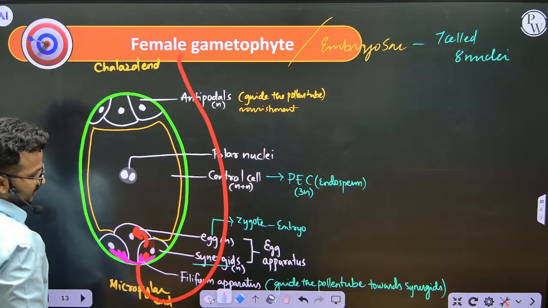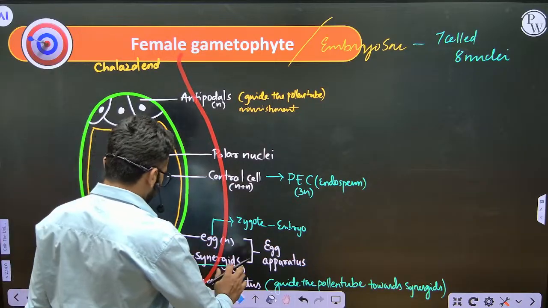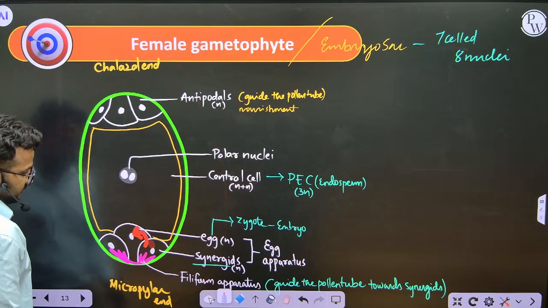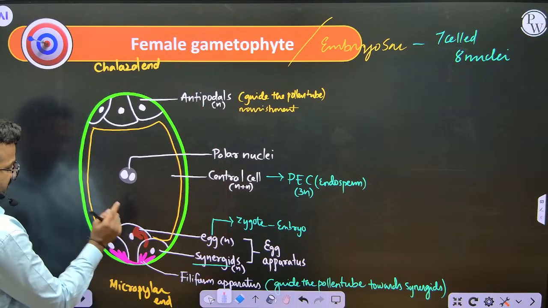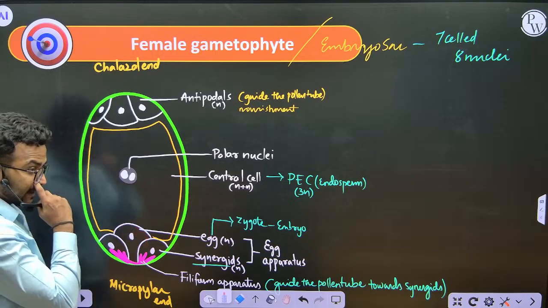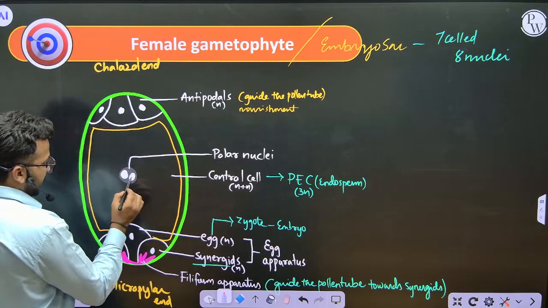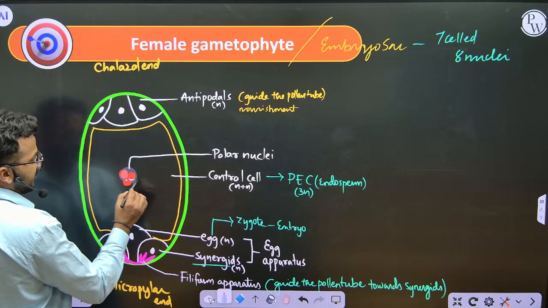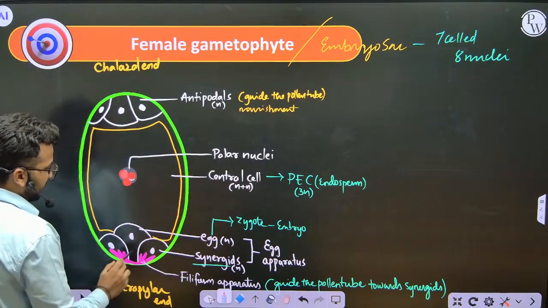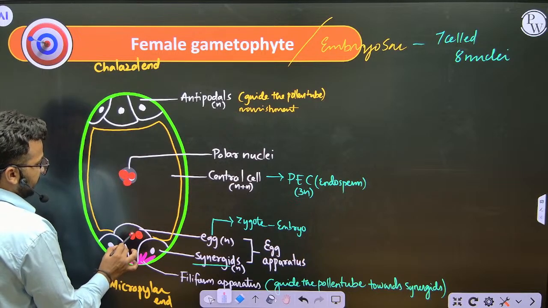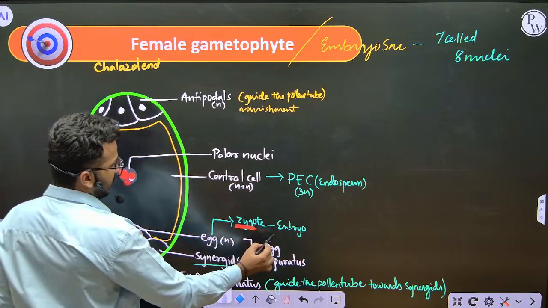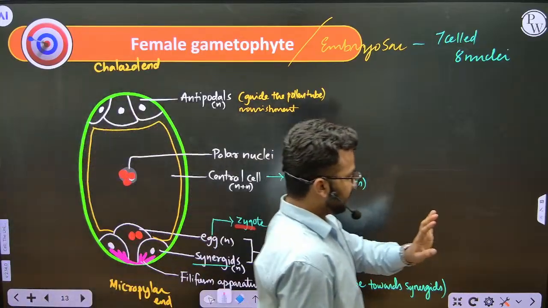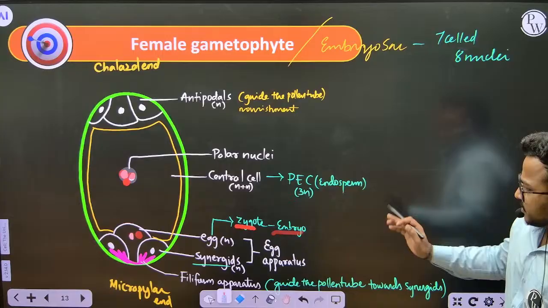So the male gametes are guided from filiform apparatus to synergids, synergids to egg cell. One gamete will fuse with the polar nuclei to form the 3n stage, that is PEC, primary endosperm cell, and another gamete will fuse with the egg to form the zygote and the embryo is formed. So this is the complete embryo sac, about the female gametophyte.